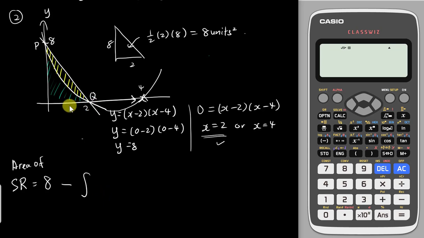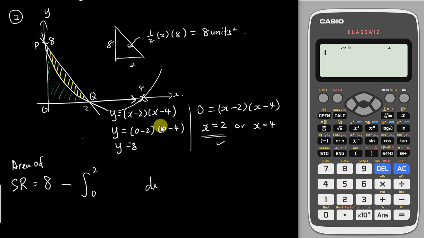Now you need to choose whether to integrate from 0 to 2 or 0 to 8. You can do both, but the difference is this one will be toward the x-axis, with dx here. You can do toward the y-axis, with dy. But if you ask me, I will always recommend doing dx. If I do dx, I focus on the x-axis only, which is from 0 to 2.